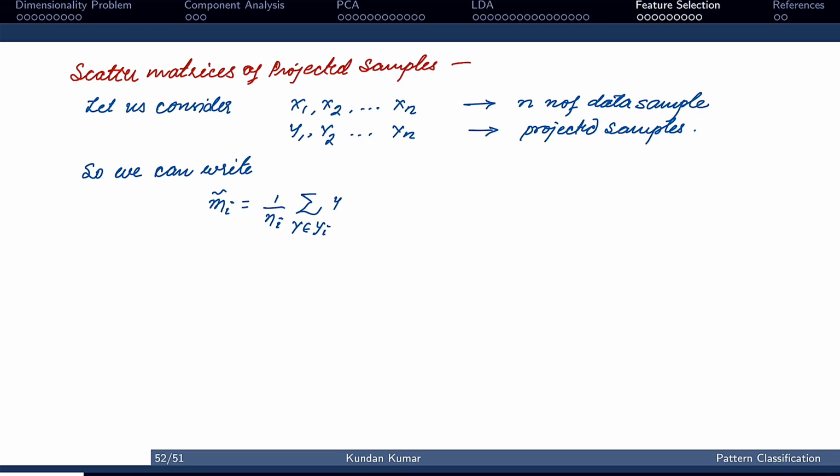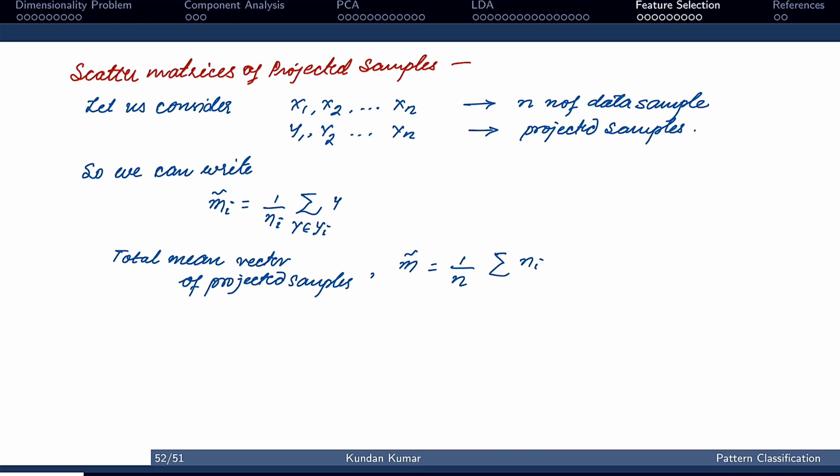Now we can compute the total mean vector of projected samples. So this is m tilde, and we can write 1 by n, where n is the total number of samples, a similar expression to what we computed earlier. Okay.